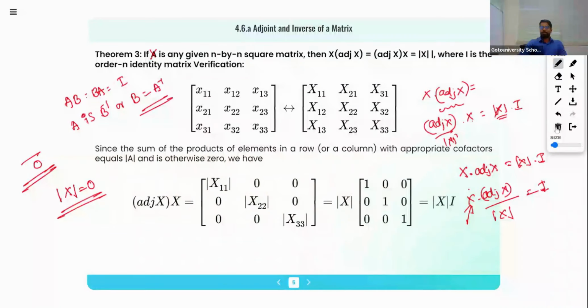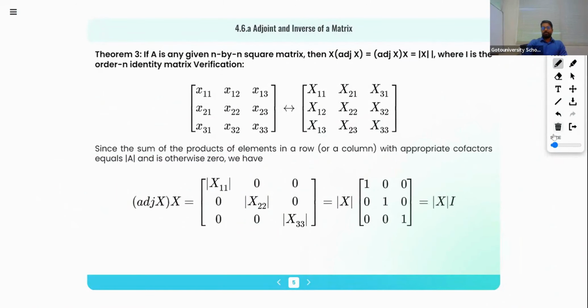So let me erase all this. There's one more important statement here. Since the sum of the product of the elements in a row or a column with the appropriate cofactors is equal to determinant A and is otherwise 0, we have this. There's an example here.